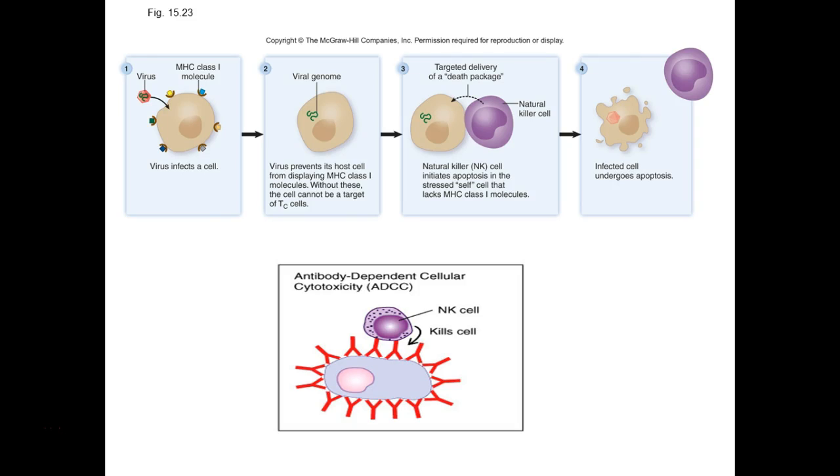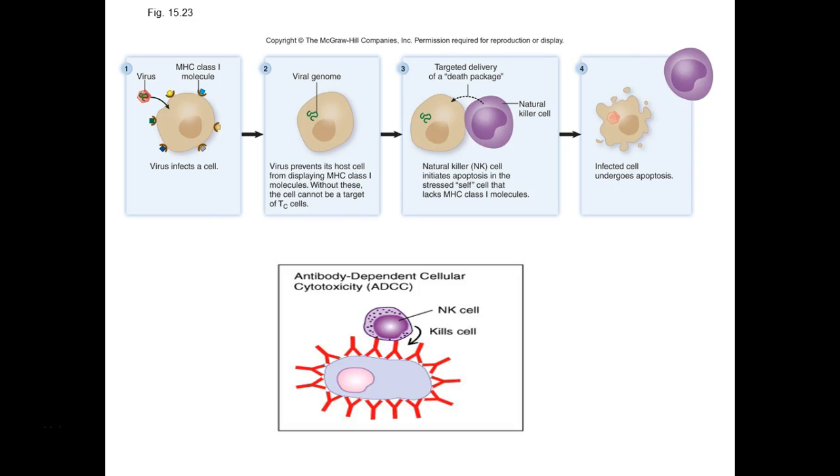So the other thing is that some viruses, when they get inside of our cells, they shut down antigen presentation by MHC class 1. So notice this cell is presenting, and all the time they're even presenting their own proteins. But of course, our T cells shouldn't recognize our own proteins, right? Because we've eliminated those in the thymus if they recognize self.